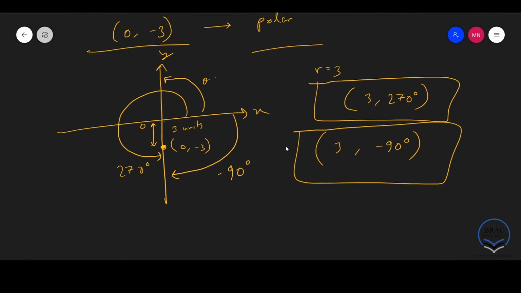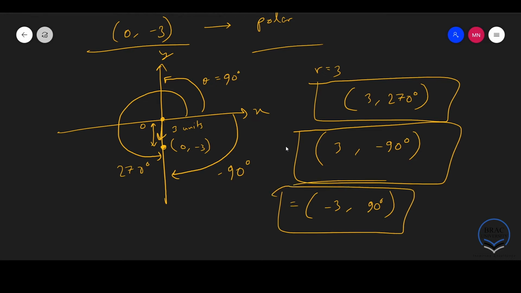So this will be 90 degrees, and if I consider a negative radius of minus 3, then from the origin I will go in the opposite direction by 3 units. So I can consider minus 3, 90 degrees to describe the exact same point still. So all of these are polar coordinates for this rectangular coordinate.